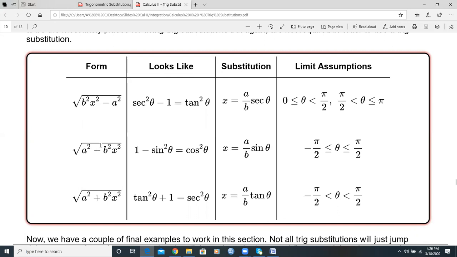When we have square root of a square minus b square x square, we make the substitution x is equal to a over b sine theta. When we have square root of a square plus b square x square, we make the substitution x is equal to a over b tangent theta.